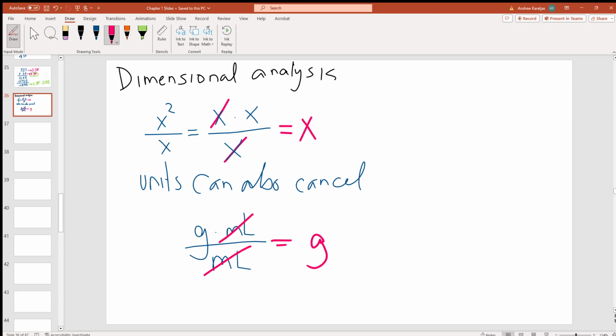So as long as we have a relationship to convert our two units, one to the other, then that's going to allow us to have a process by which we can get to our desired unit.